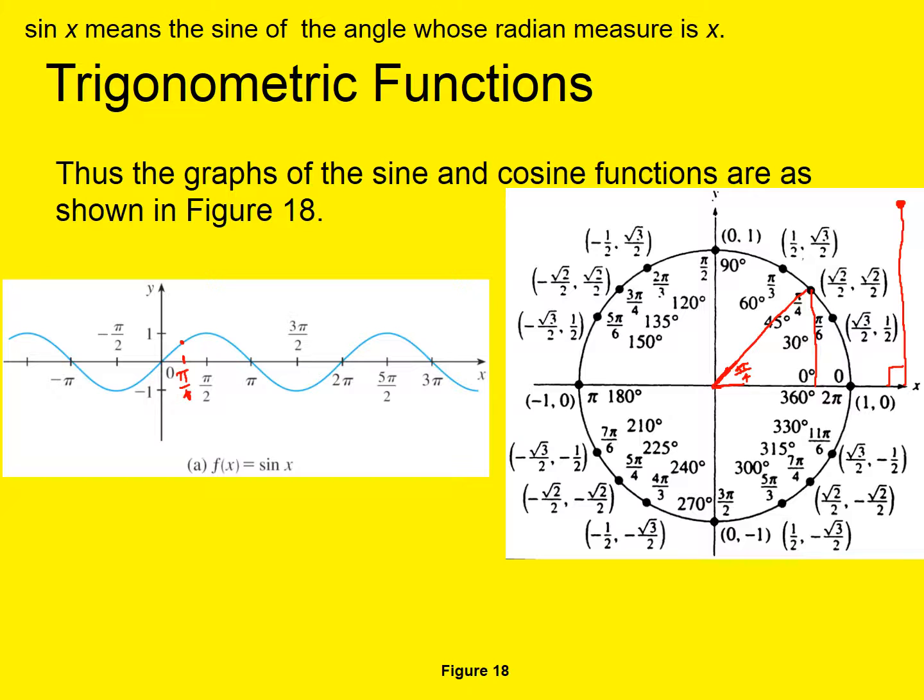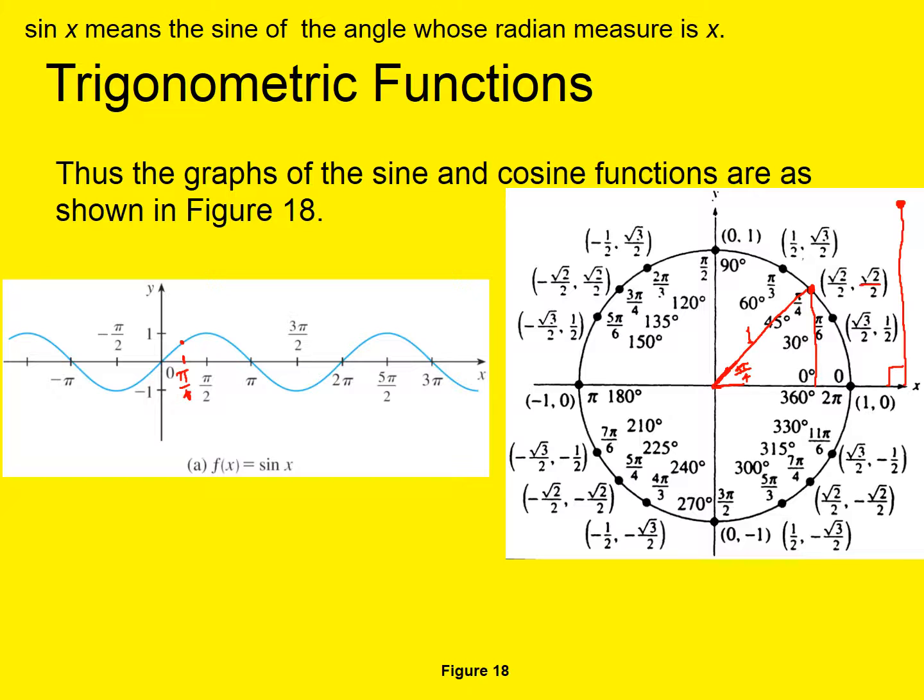Similar triangles. So let's just use a point on this unit circle, a circle centered at the origin of radius 1. That way, the length of the hypotenuse is always 1, and the length of the opposite side is, well, it's just the y value.